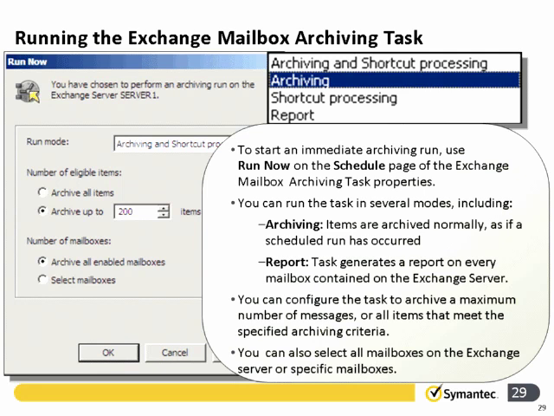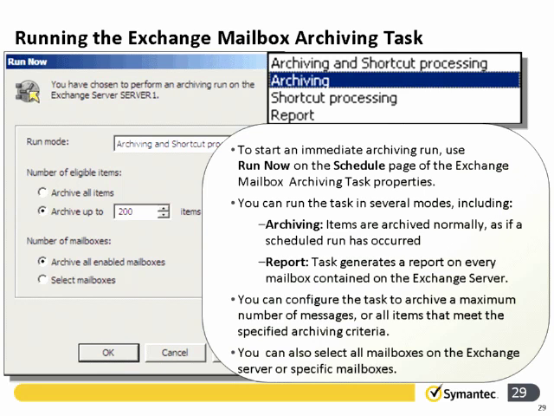And then our last option is the report mode. If you run it in report mode, it doesn't actually archive anything. What it does is generate a report on what would have been archived if the Exchange mailbox archiving task had actually run. It stores that in a reports folder under the Enterprise Vault installation folder, and there'll be a folder down there called Exchange mailbox archiving.